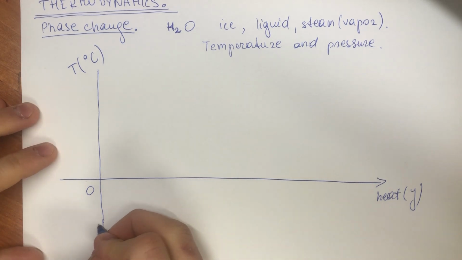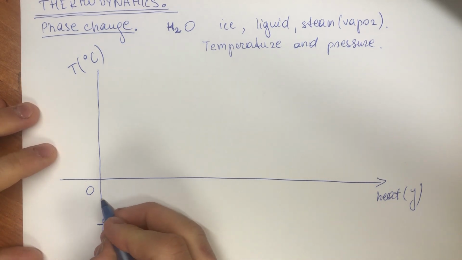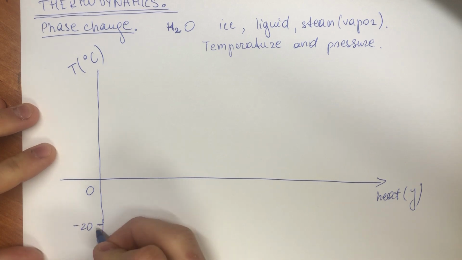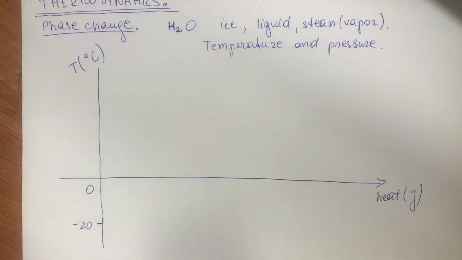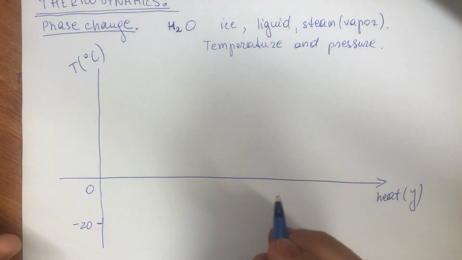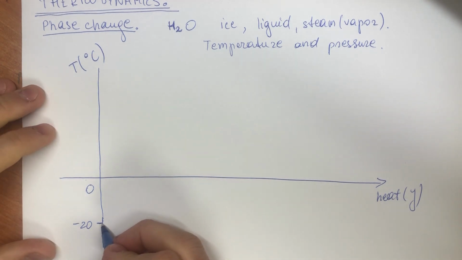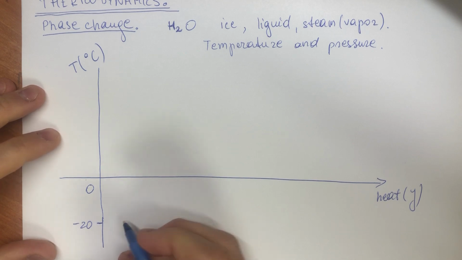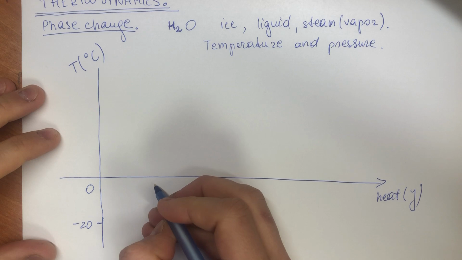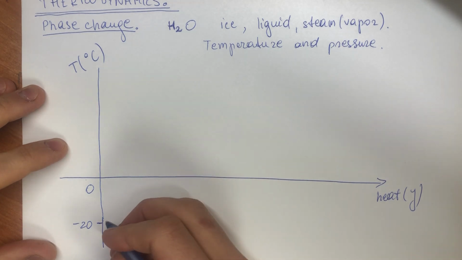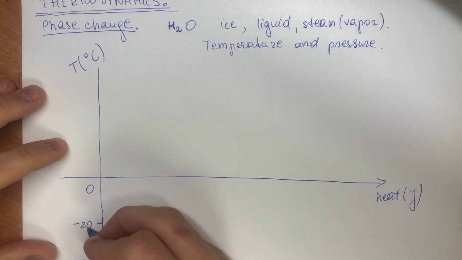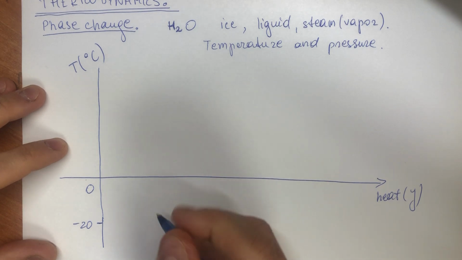So if we have, let's say, minus 20 degrees here, when water is at -20, it is ice.